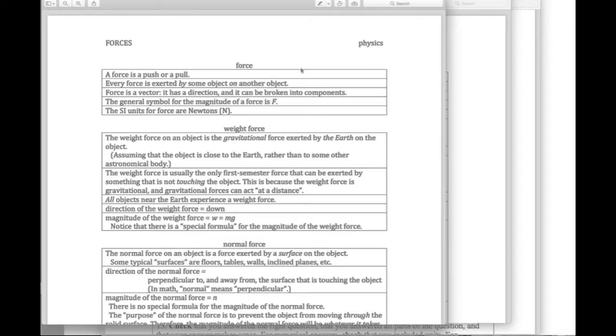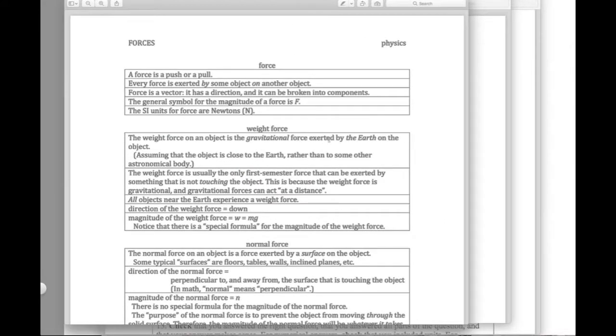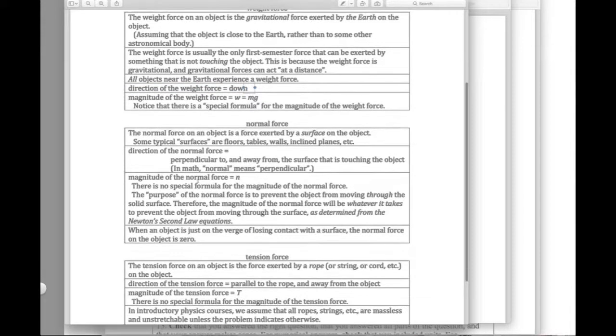So here are some of the simple rules that we adapted here. There's a simple rule for the direction of the weight force. The direction of the weight force is down. So we didn't overthink it, we just said the weight force is down. Here's the simple rule for the direction of the normal force: perpendicular to and away from the surface that is touching the object. So in this case, that direction was to the left.